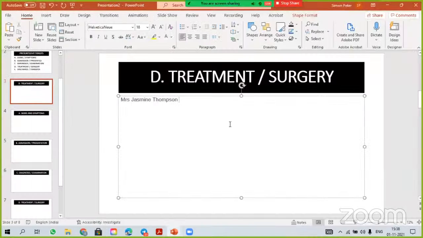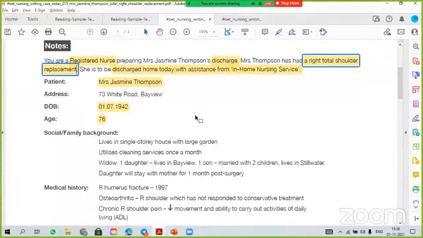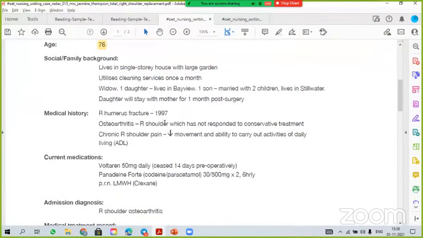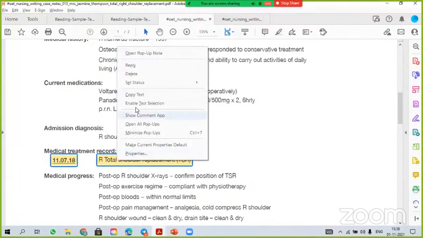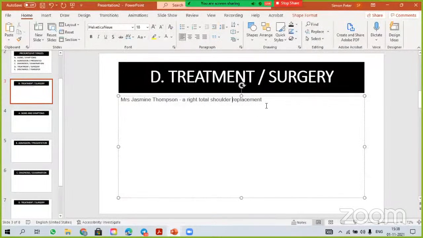Dash right shoulder replacement. When was that? 11/7/18. So it is this: 11/7/2018, right total shoulder replacement.